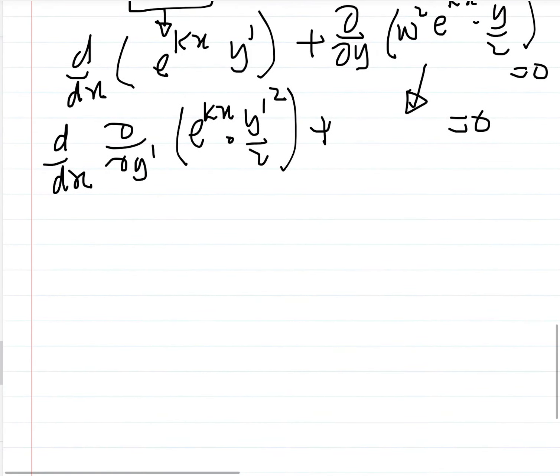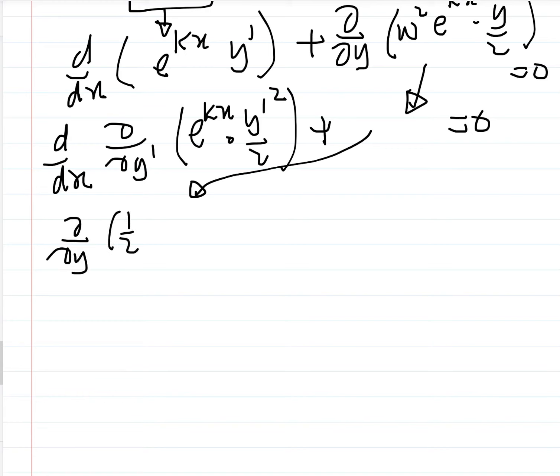Right, what do we have now? It's almost the Euler-Lagrange form. Let's write it in that form. If I write the second term first, this is the partial derivative with respect to y of a half omega squared e to the kx times y squared.